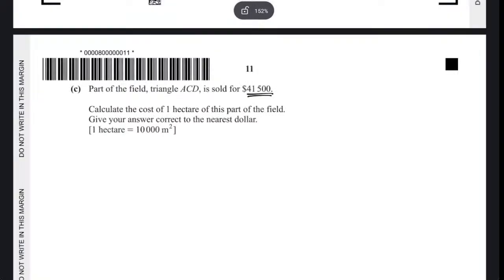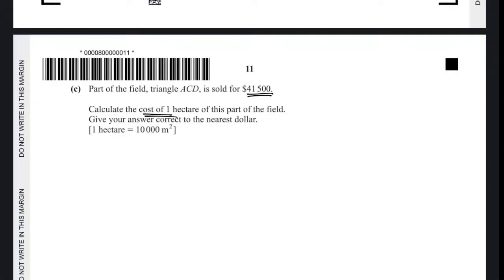So triangle ACD is sold for 41,500. Calculate the cost of 1 hectare. Right. What we're supposed to find is the area.